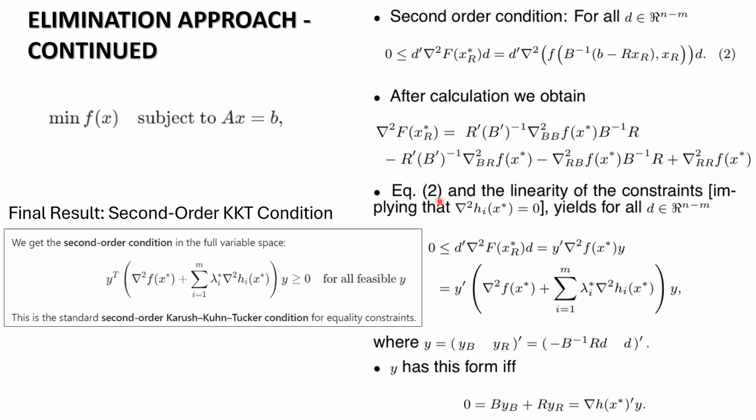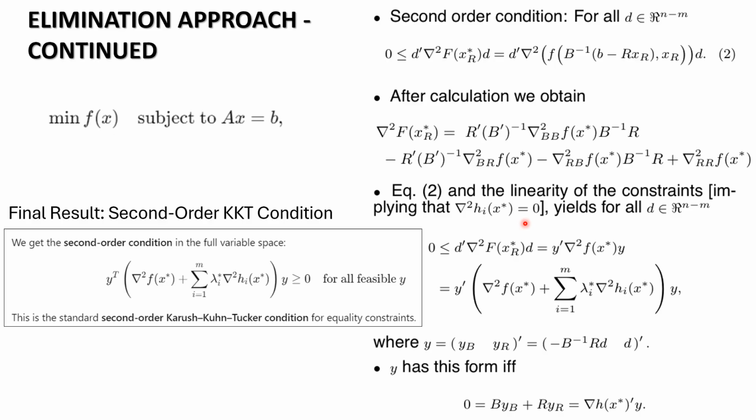Now we need to link to the full space second order condition. We know that constraints are linear, so the second derivatives vanish, and you can see this here.